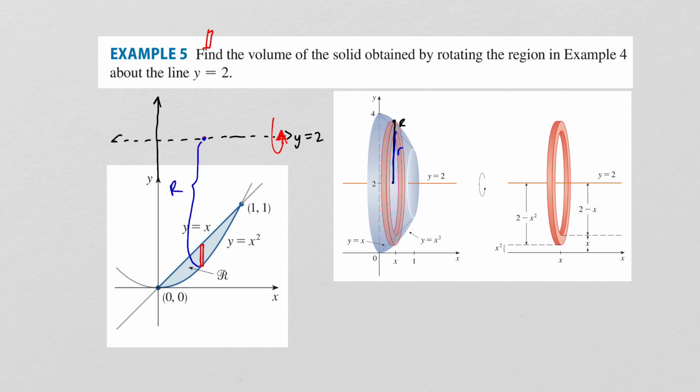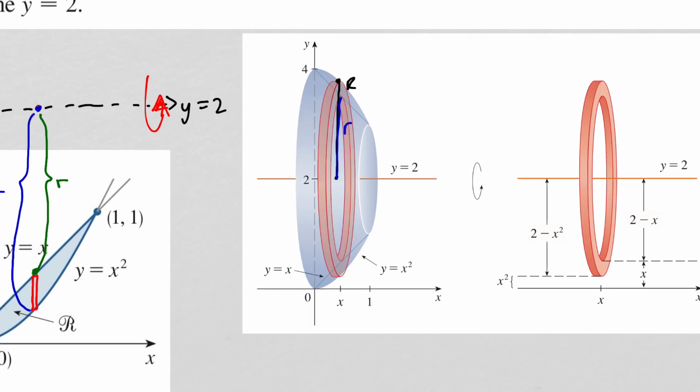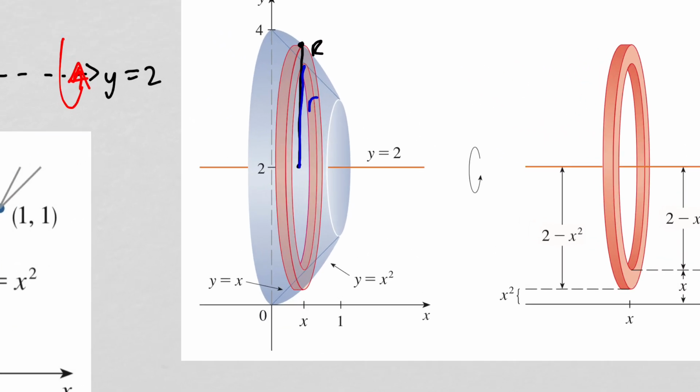So that's big R. And then little r is the distance from the axis to the closer end of the rectangle. Because again, if you look at this diagram over here, you can see big R is the distance from here all the way down to the bottom, and little r is the distance from here down to this curve.